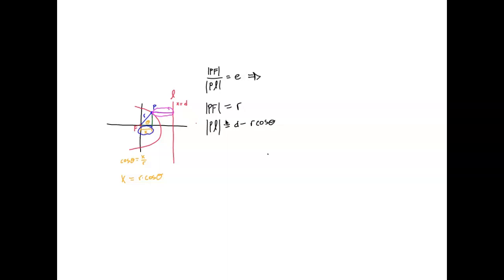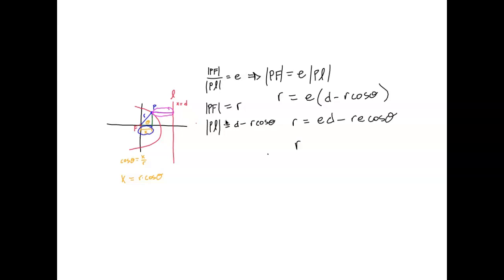So that means I can then solve for PF. PF equals E times PL. And then I can put this in terms of polar coordinates, right? So r equals E times d minus r cosine theta. And then I just want to isolate r, so I'm going to distribute E. So E d minus r E cosine theta.